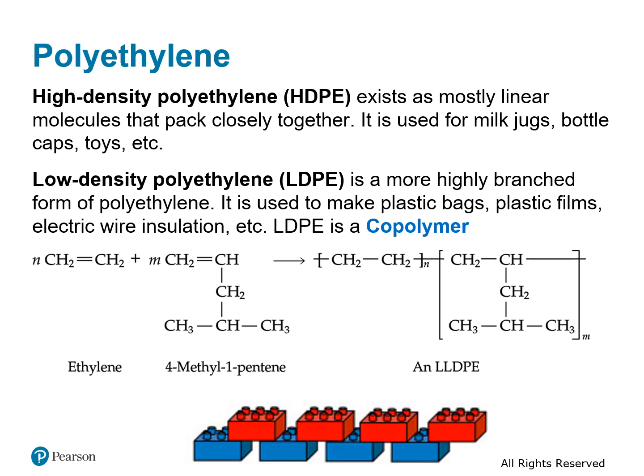bottle caps, toys. Now there is another type of polyethylene, called low density polyethylene, LDPE, and this is obtained from more branched monomers. In the high density polyethylene, the monomers are just ethylene units, so it's not branched out, and so molecules are packed together. But this one is actually a copolymer, made of two different types of monomers: ethylene and this one that is branched out, 4-methyl-1-pentene.